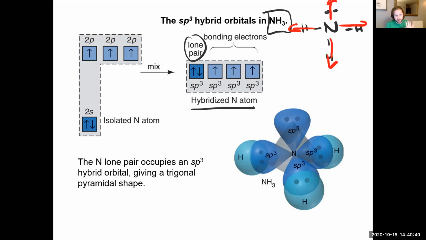So lone pairs count as an electron domain. 4 domains, sp3 hybridization. 4 domains will always be sp3 hybridized, which is pretty cool. That's the way that this is simplified. Count the domains, that has a direct correlation to the type of hybridization. 4 domains will always be sp3 hybridized.